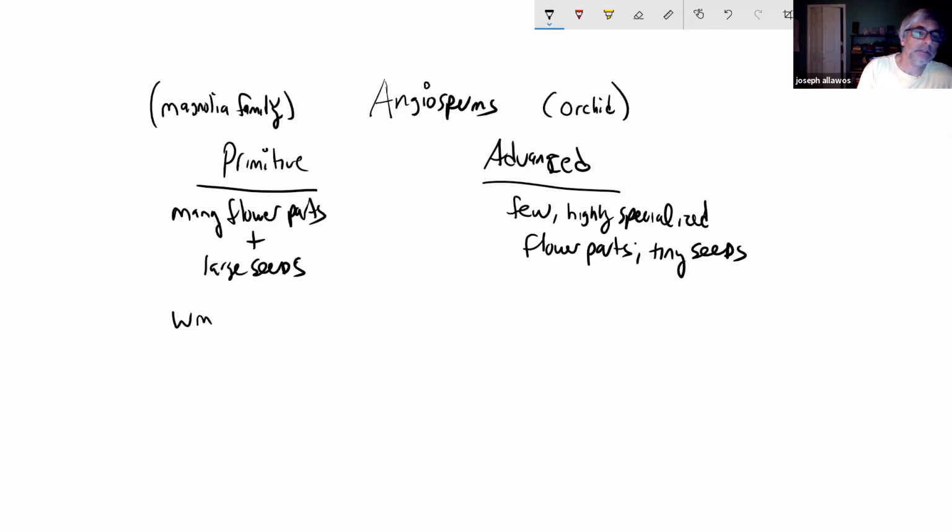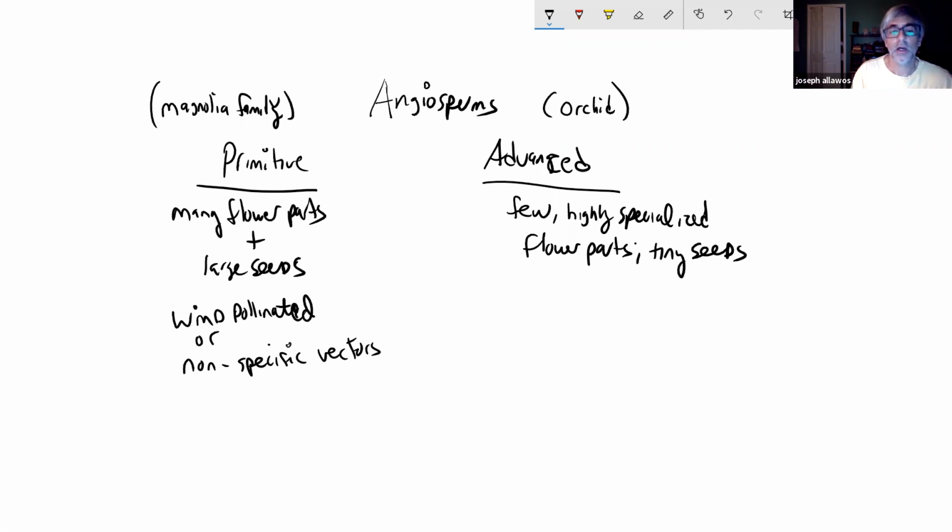Wind pollinated, or non-specific vectors. By non-specific, we mean lots of different things will visit the flowers, lots of different kinds of insects, or they use the wind for pollination. Wind would be considered more primitive.